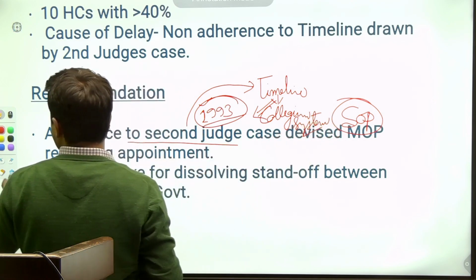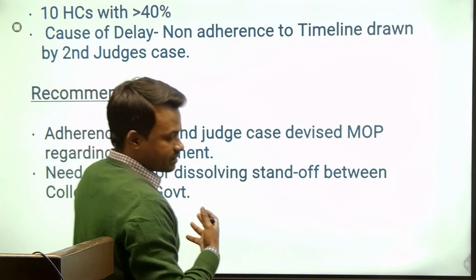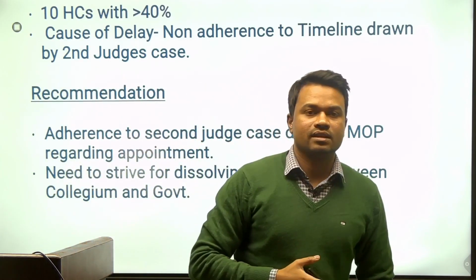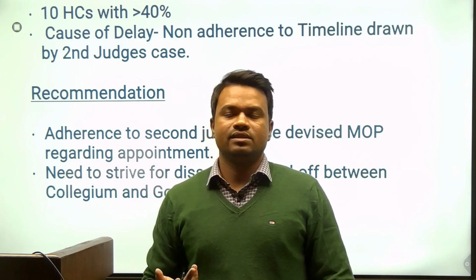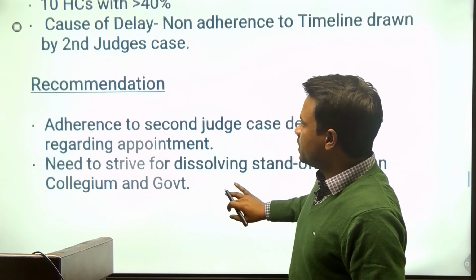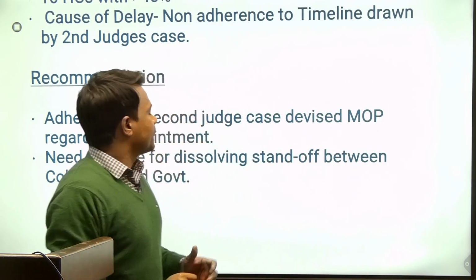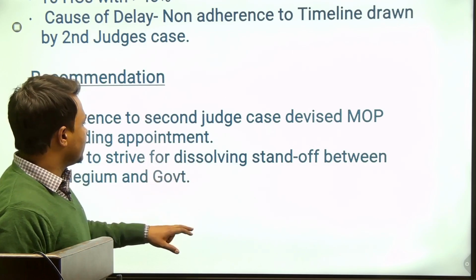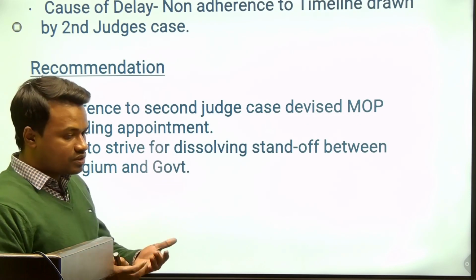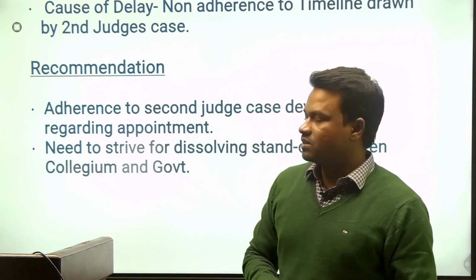So this committee reiterated that the collegium system as well as the judgment of the Second Judges Case of 1993 need to be adhered to, and looked at as the idea and concept of how to derive the functioning of a collegium system and the Ministry of Law and Justice.